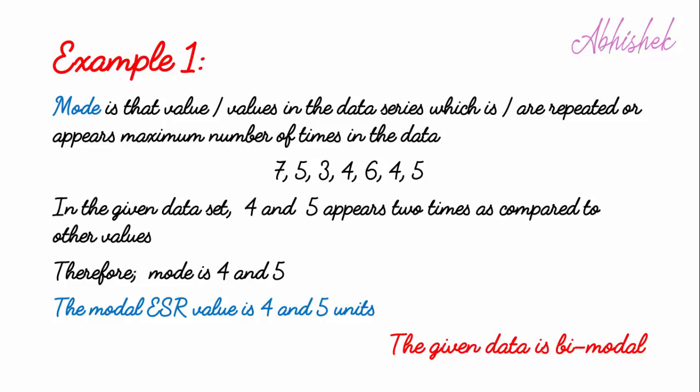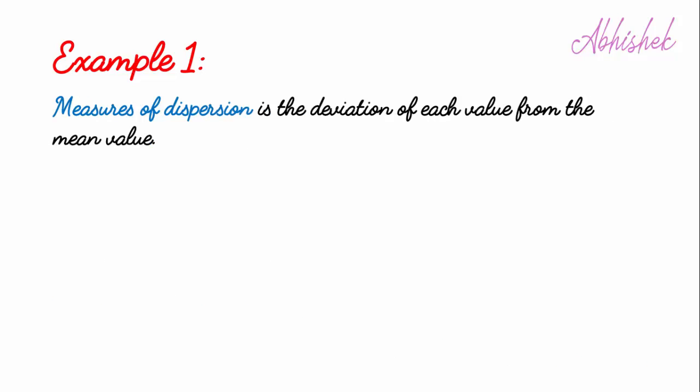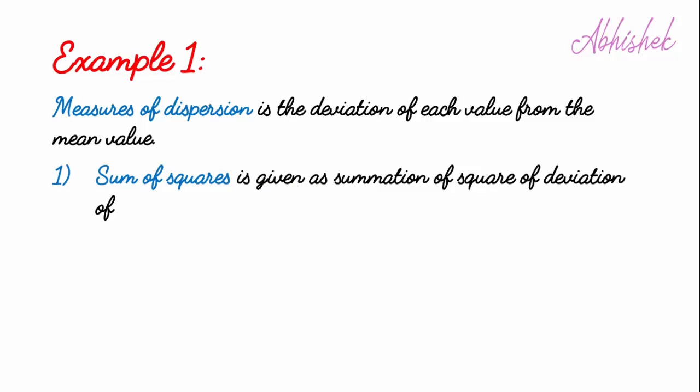With this, we have finished measuring the central tendency, and now we need to measure the dispersion. Measures of dispersion would be deviation from the mean value, which we are studying today. For that, we have the sum of squares, which is nothing but the summation of the squared deviations.